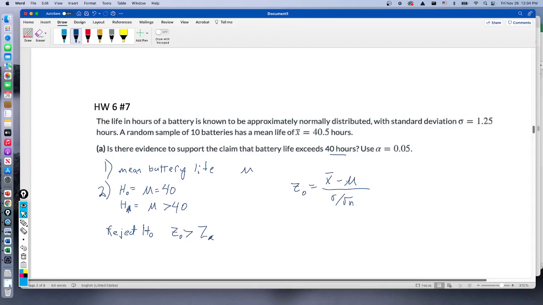And we're using 0.05. It's a one-sided test, so it'll be what, 1.64, 1.65, right? Z of 0.05, one-sided test, is 1.65.